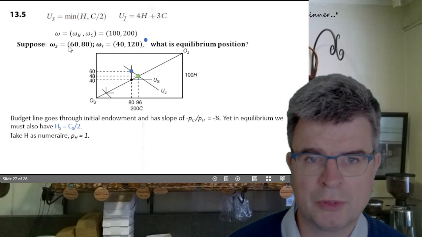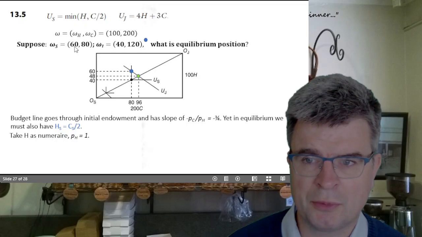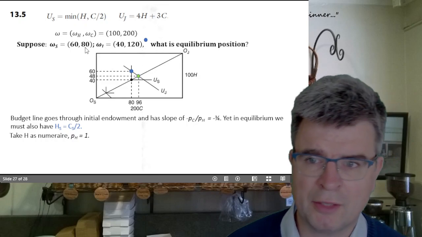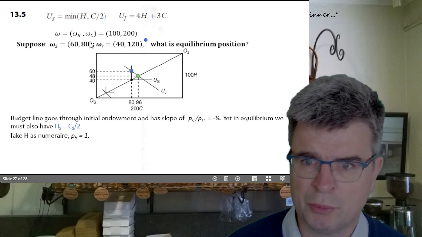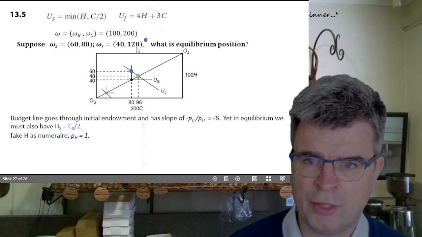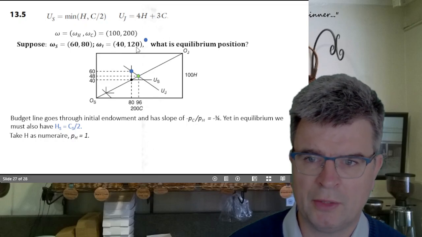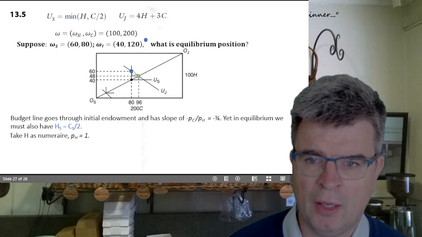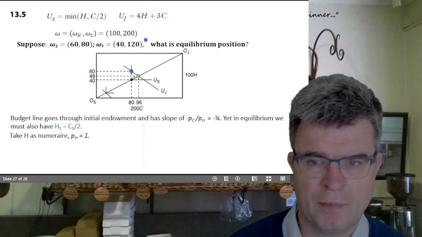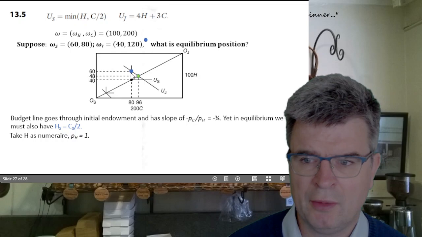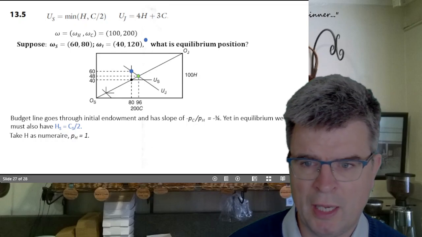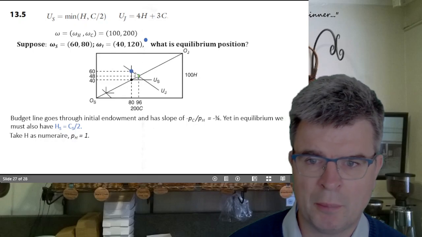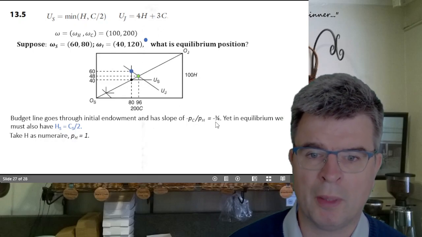So now suppose that the initial endowment is where Smith has 60 slices of ham and 80 slices of cheese, so not a ratio 2:1, and 40 and 120 are owned by Jones. So the initial allocation is now at this point over here, the blue dot, and we already derived in question A that the budget line needs to go through the initial endowment and needs to have a slope equal to -3/4.